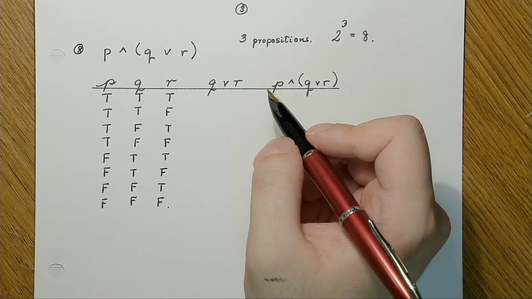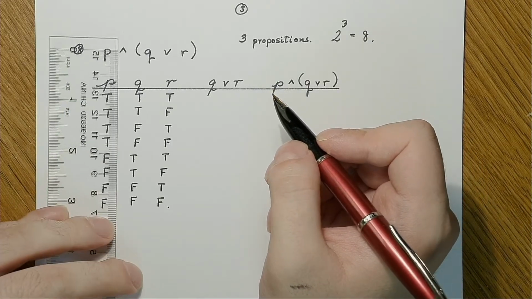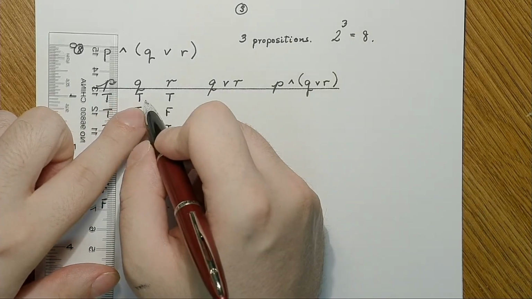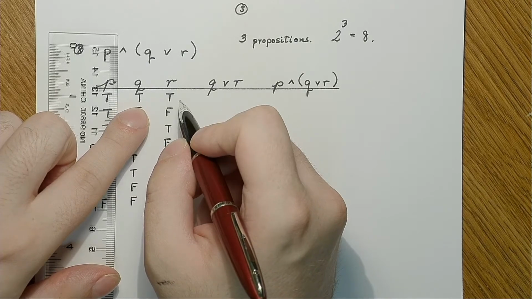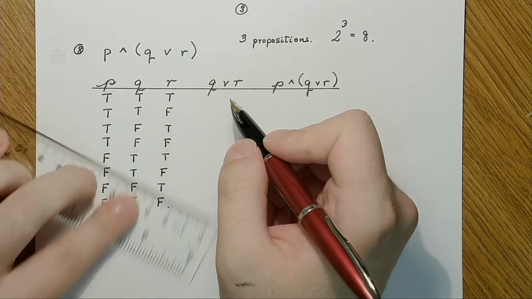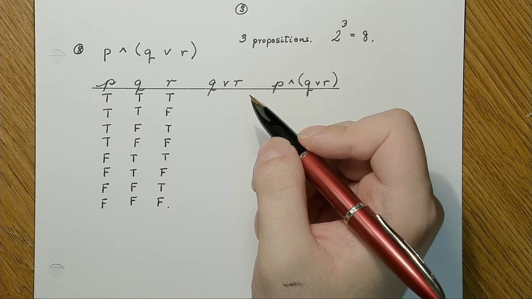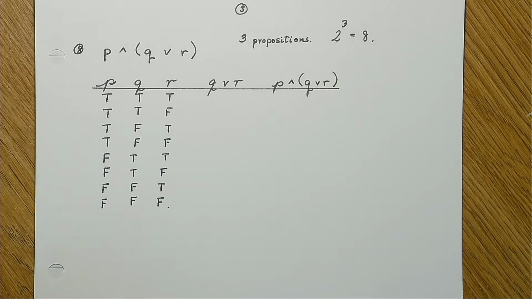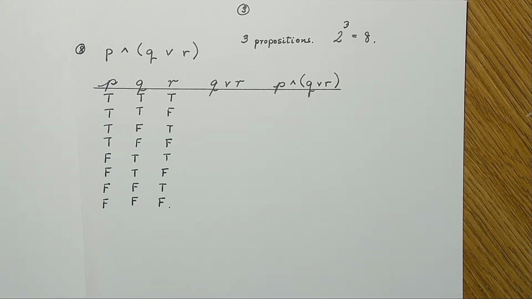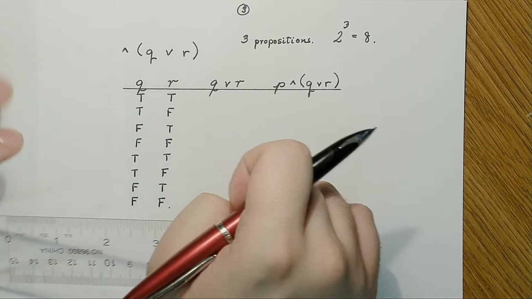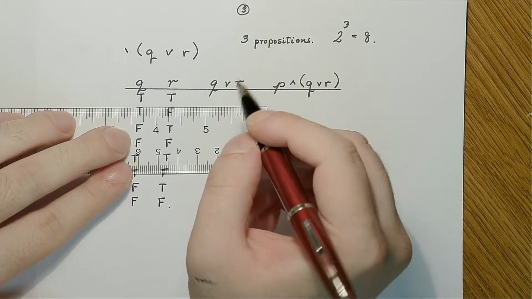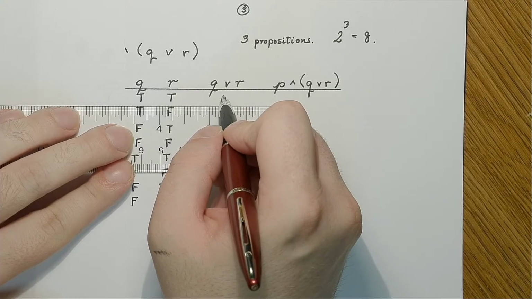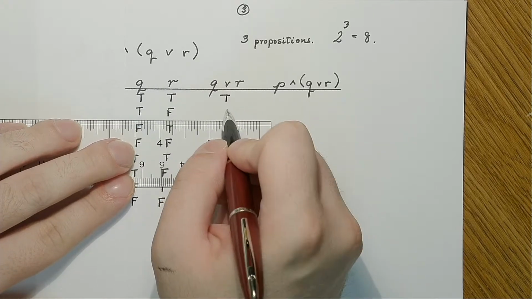Okay, now, just with these 2 columns, I'm going to apply the OR. So again, just one of them has to be true for it to be true. So I have true and true, so this becomes true. There's at least one.